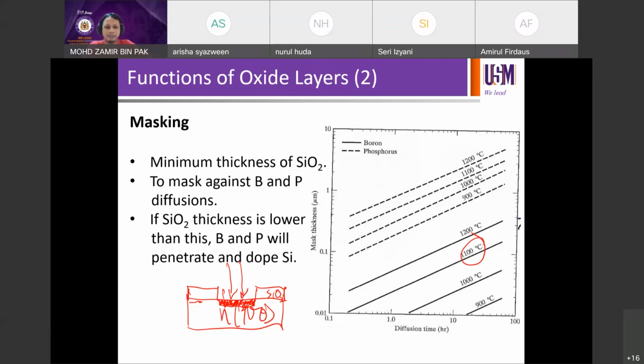So what is the minimum thickness of silicon dioxide needed in order to successfully block the boron on the left and on the right hand side? So we're going to run the process at 1100 degrees C for 2 hours. Diffusion time is 2 hours. So what is the minimum thickness of silicon dioxide needed in order to successfully block?